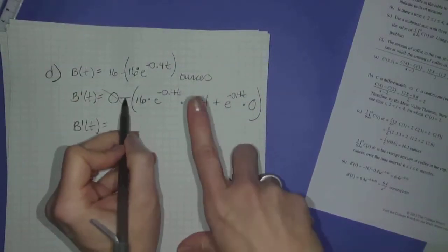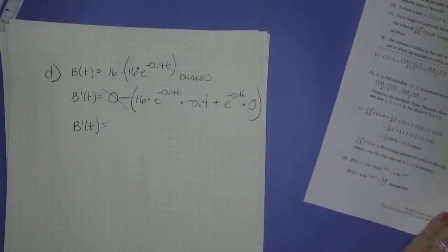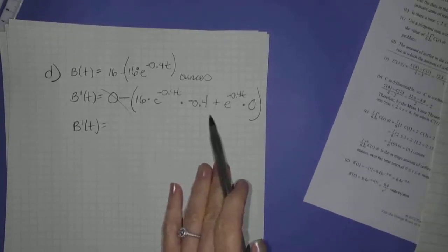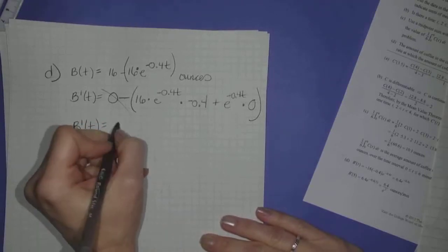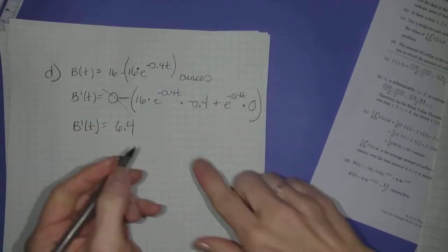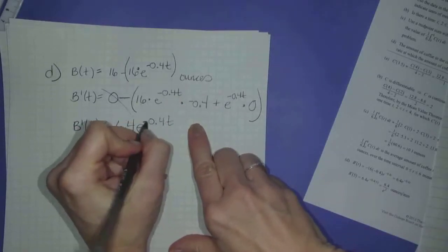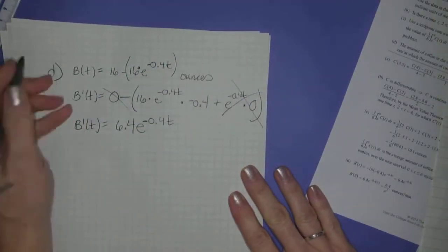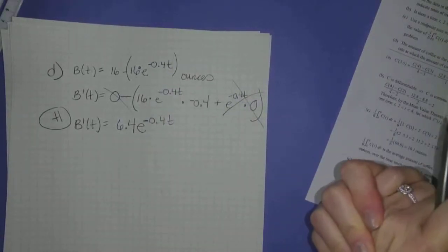When I take this negative times this negative, I get a positive, and 16 times negative 0.4, which is 4/10, actually comes out to be positive 6.4. And then I have the e to the negative 0.4t. That's all I've got, because this goes to 0 right there. And they're going to give you 1 point for getting that. So award yourself 1 point for getting that derivative.